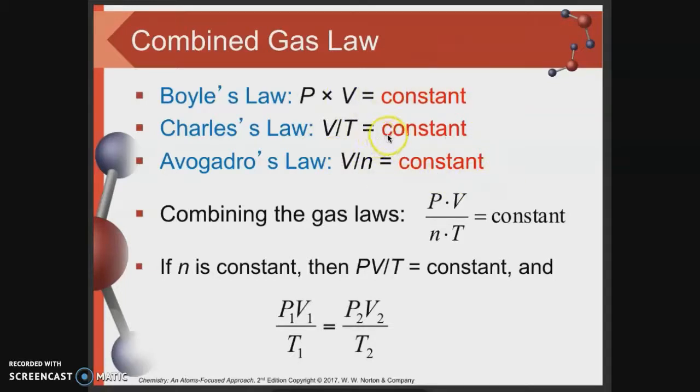And it so happens that these constant values are all kind of the same. And so if I combine these into one equation, I get a constant value as well.